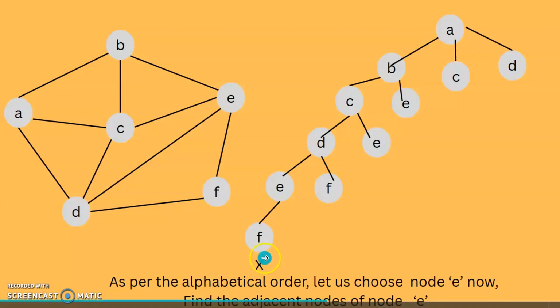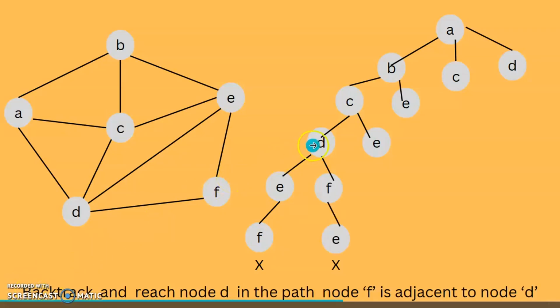That means this is called a dead node. So this is not the solution. As this direction has reached a dead node, backtrack and reach the node D, because this path does not lead to a solution. So backtrack one step back.